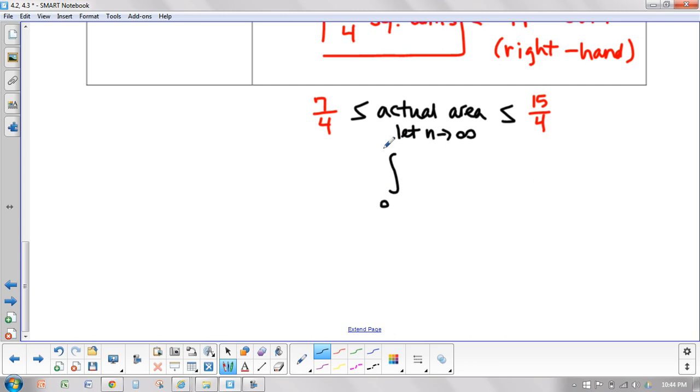The integral from 0 to 2 of f of x dx, that's that differential notation from 3.9. It's just our way of telling you that you're integrating with respect to x. So the integral of f of x dx turns out to be 8/3. And you can see that that is caught in the middle of 7/4 and 15/4.